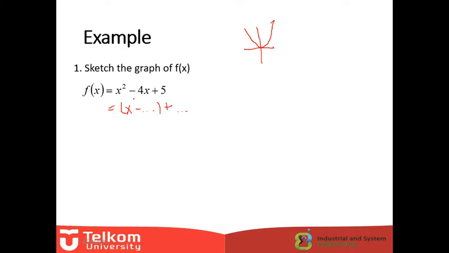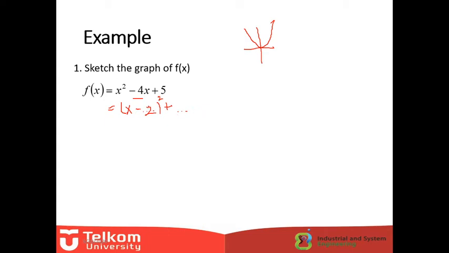Because this is minus 4x, the possibility should be minus 2. Why? Because this is square: (x - 2) square plus something in here.